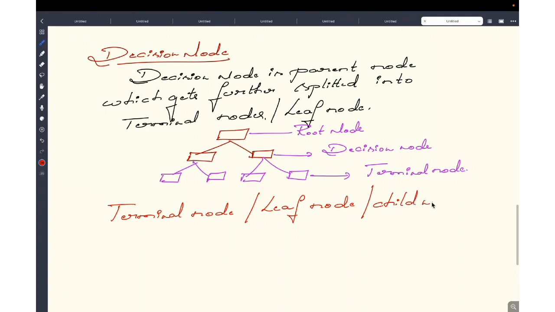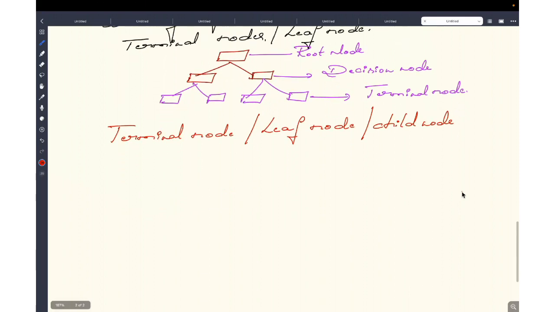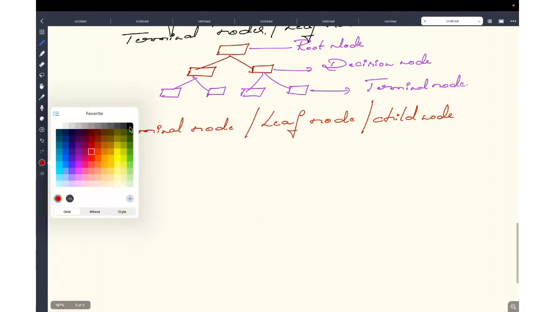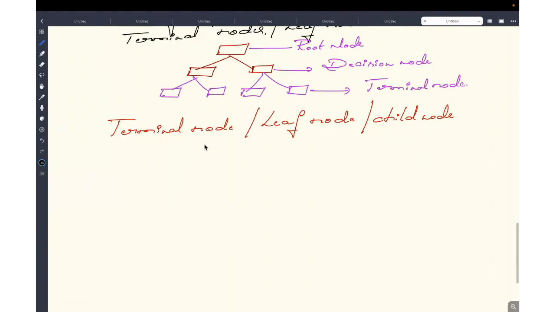Okay, what is a leaf node? What is a terminal node? A terminal node is where no further split is going to happen. It's like the end of a decision tree. So a terminal node is a node where no further split is going to happen.